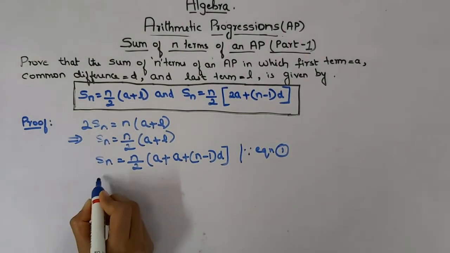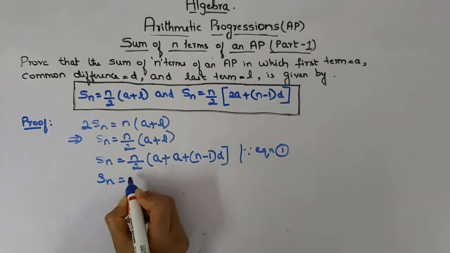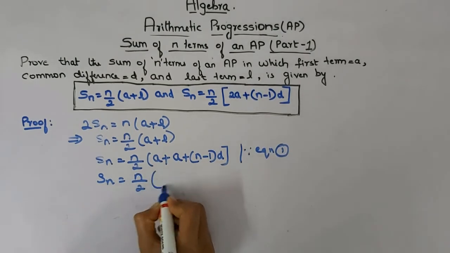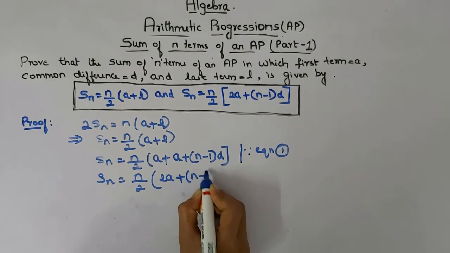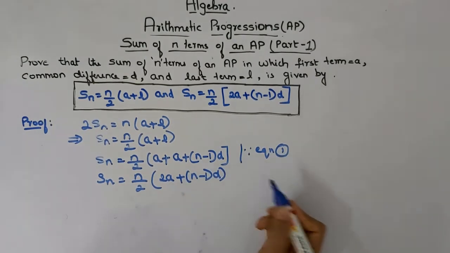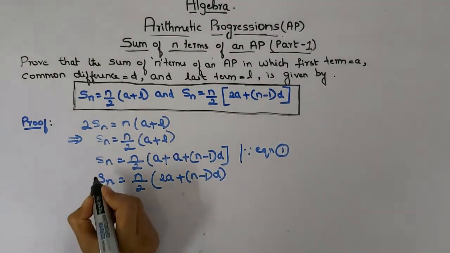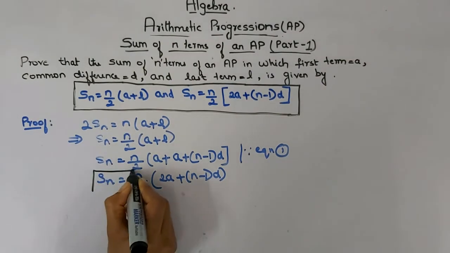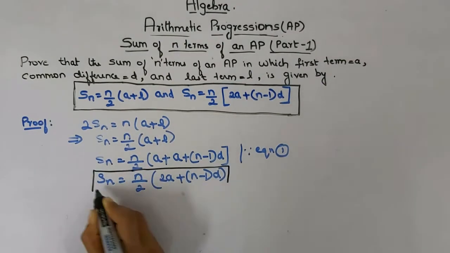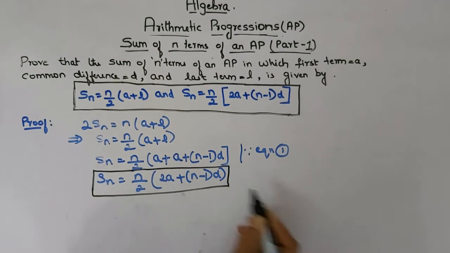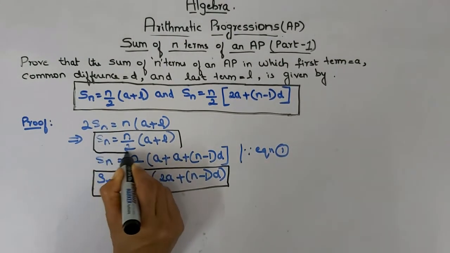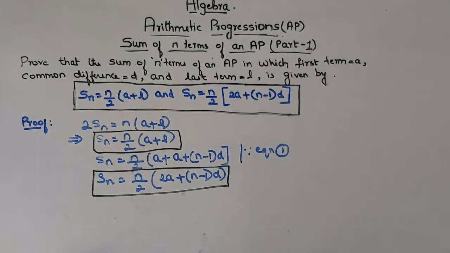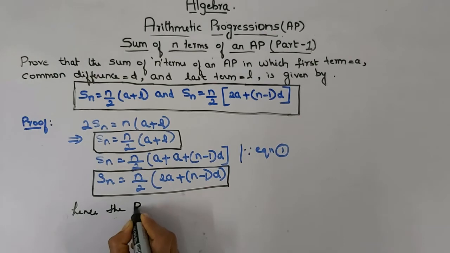So Sn is nothing but n by 2 into (a plus a), that is 2a, plus (n minus 1) into d. So we have Sn is equal to n by 2 into (2a plus (n minus 1) into d) and Sn is equal to n by 2 into (a plus l). So hence the proof.